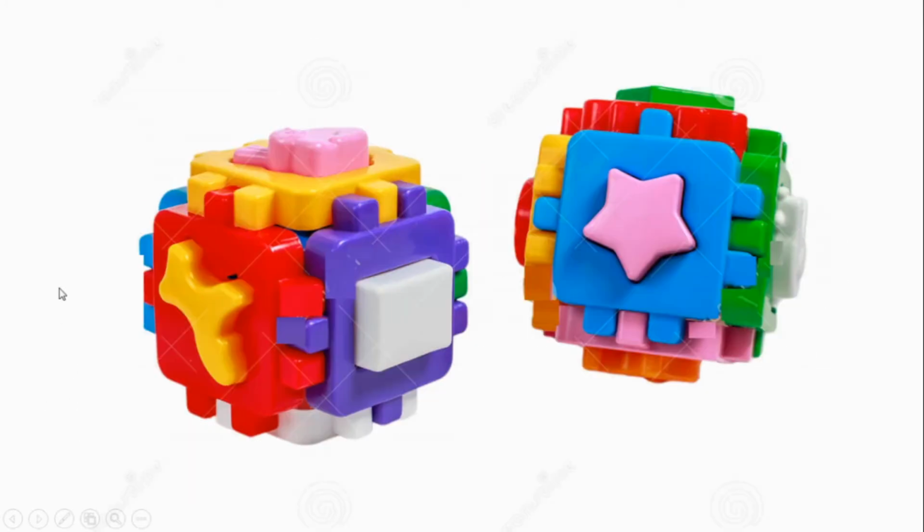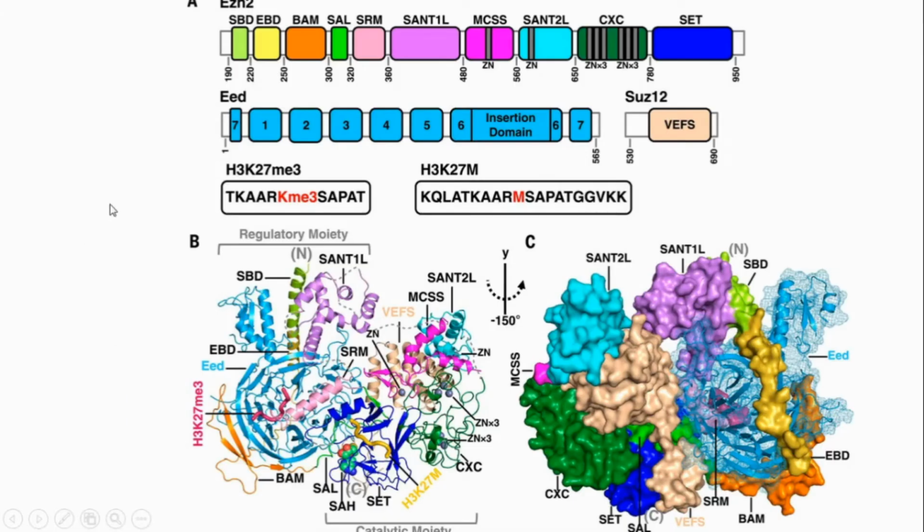And perhaps to highlight some of the points here too, I'm just going to show this toy. It's kind of a 3D puzzle. The kids would just put all the pieces together to fit just nicely and perfectly. And there's an analogy to this at the protein level. Even for a single protein, like say this EZH2, and I'm sorry it's kind of cut off here, you can't really see that it says EZH2, but that's the name of the protein.